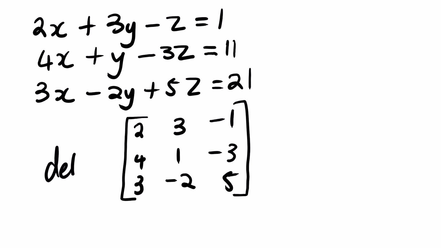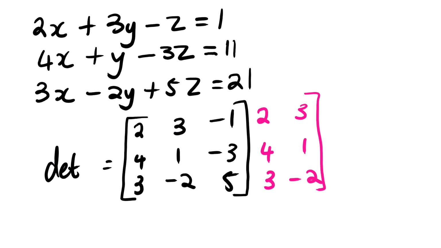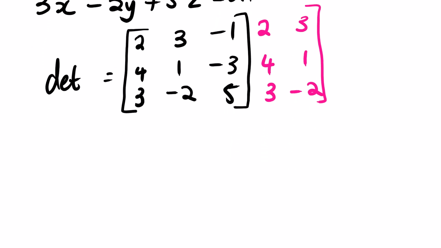Then this is the determinant. We expand 2, 4, 3, 3, 1, negative 2. And then from here we start with the first row.